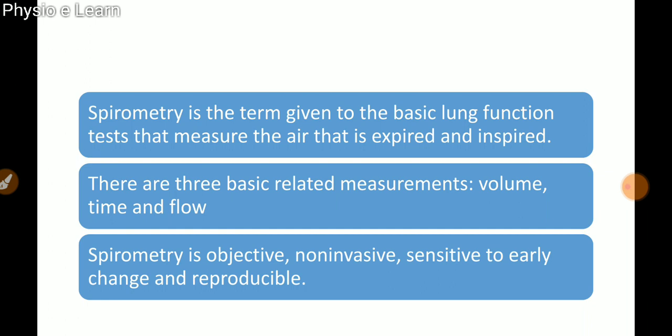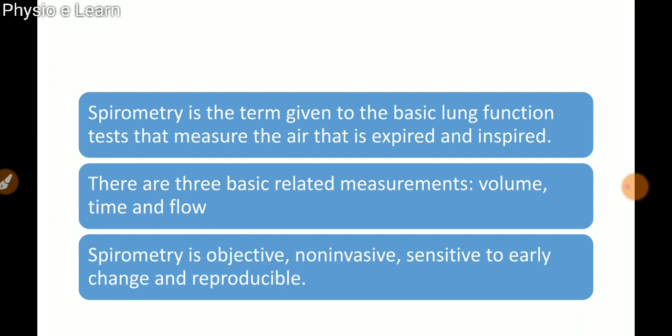Now spirometry is objective and non-invasive, so there is no invasive procedure required. It is sensitive to early change, that means even if a mild disease happens in the lungs, it can detect that change. And it is reproducible.